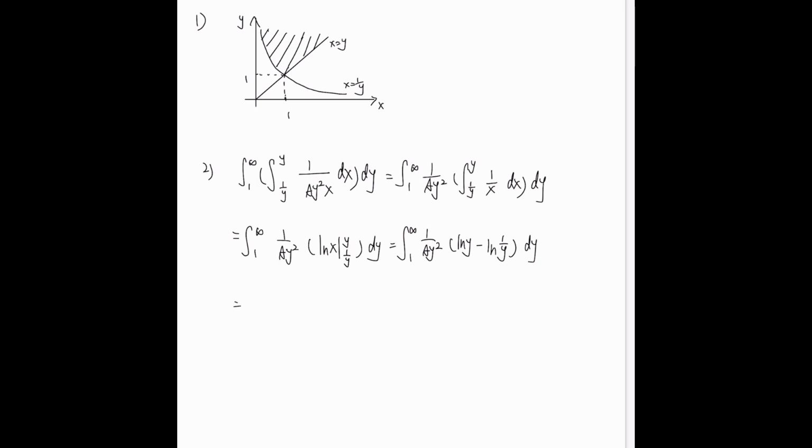It equals the integral from 1 to infinity of 1 over a y squared times 2 log y dy, equals 2 over a times the integral from 1 to infinity of log y over y squared dy. Let log y equal m, then y equals e to the m.